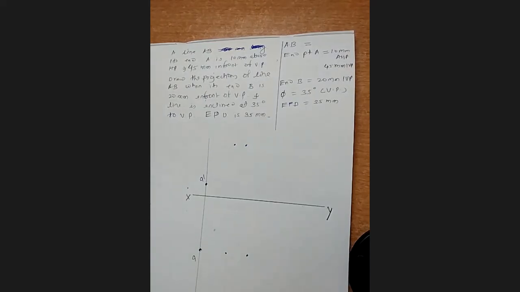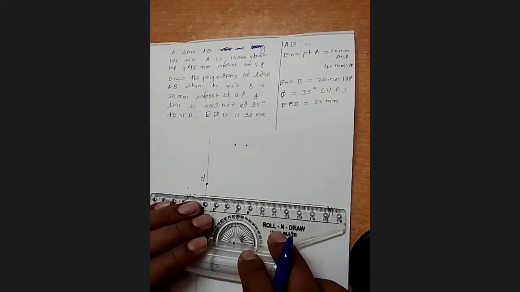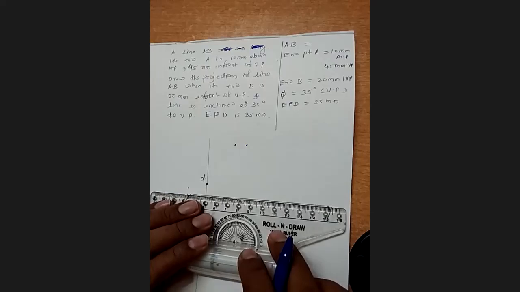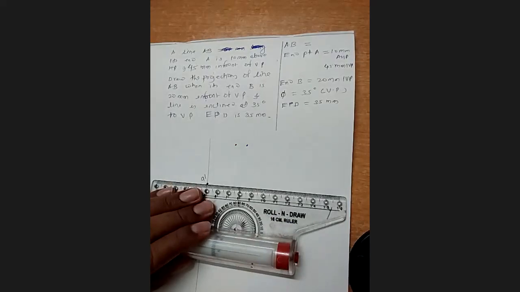Then as usual, we have to draw the line parallel to XY line passing through this A dash and A. We will get those lines.